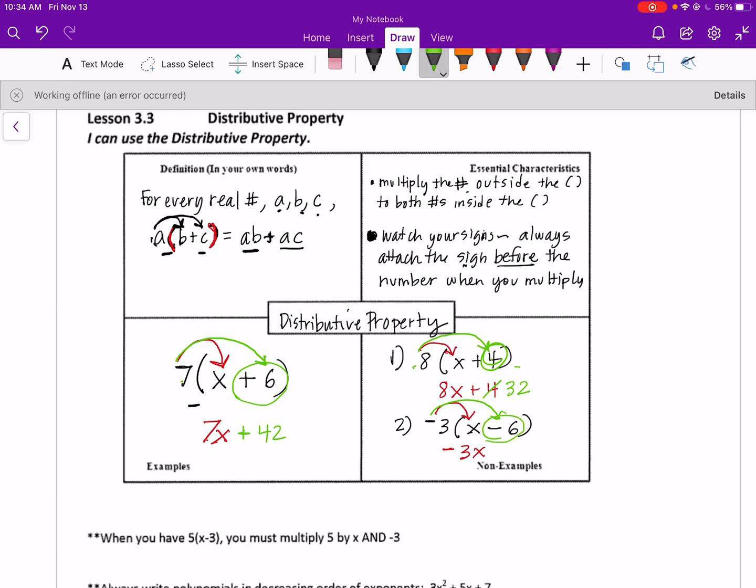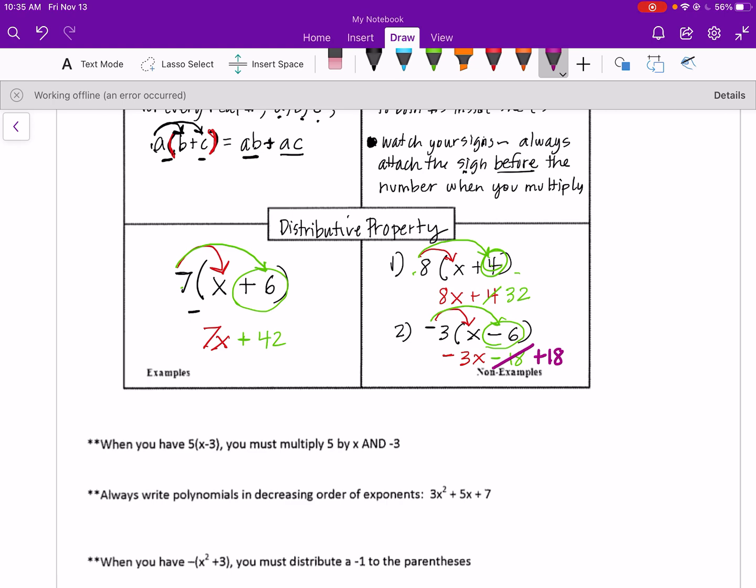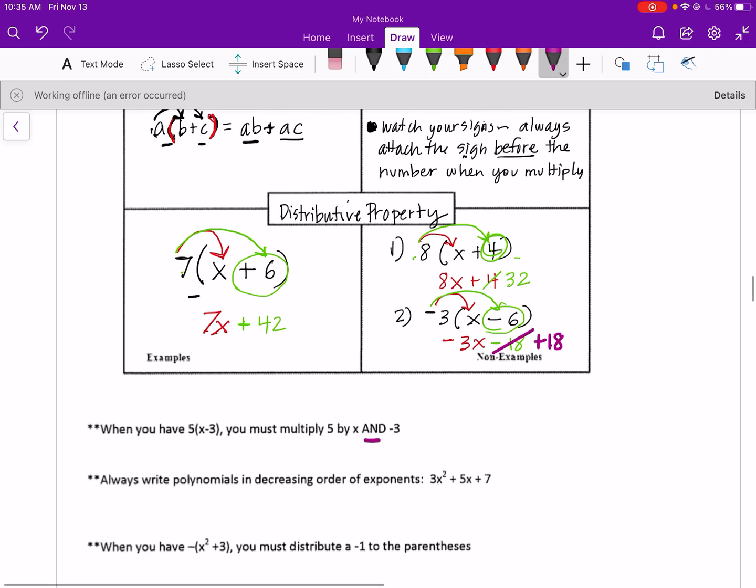So a -3 times a -6 would be a positive 18, but I see lots of students make it a negative 18, and that's where we have to go, it's going to be a positive 18. So be careful. Those are two mistakes I see made all the time. So it says when you have 5 parentheses x minus 3, you must multiply 5 by x and negative 3. That's that part we're talking about here, number 1, that people make mistakes on.